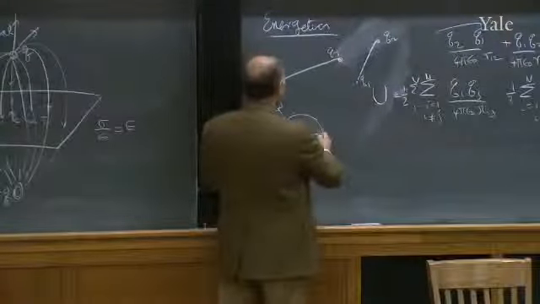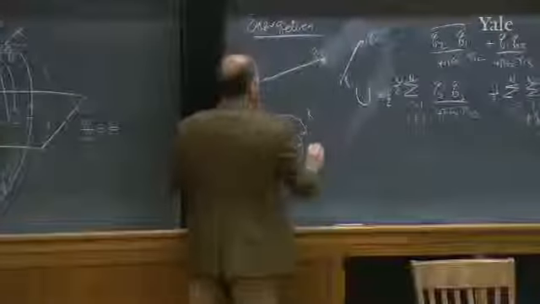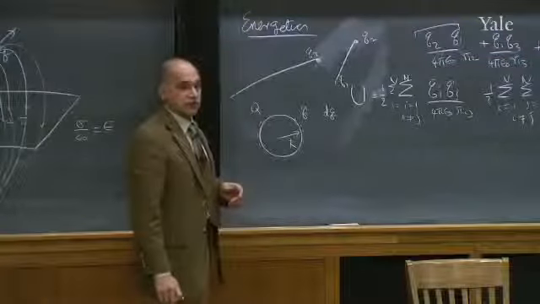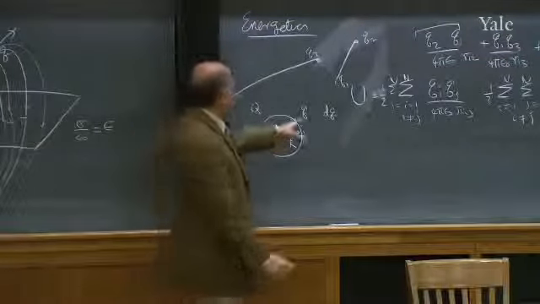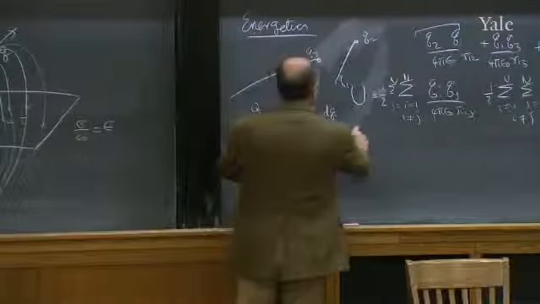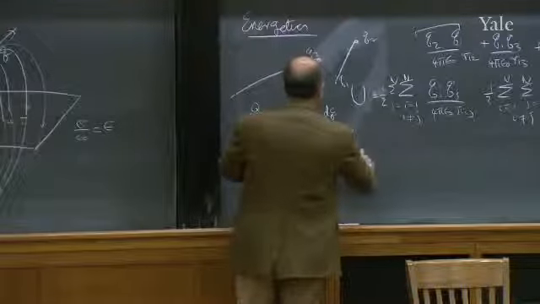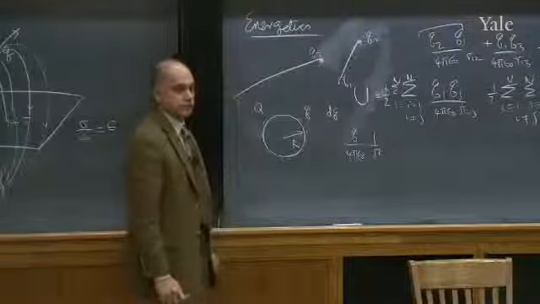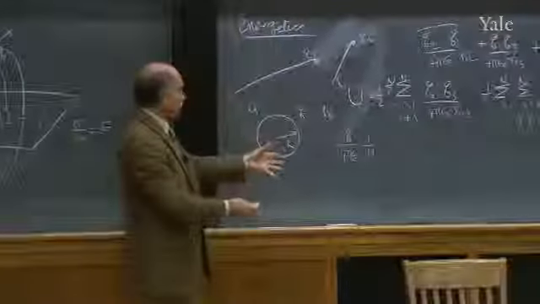At some intermediate stage, when the charge on this sphere is q, and I want to bring in a charge dq, how much work do I have to do? When the charge is q, the potential of the surface of the sphere is q over 4 pi epsilon 0 r. The whole sphere is at that potential.